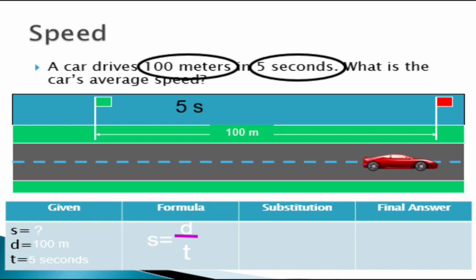Substituting the values, speed is equal to the value of d, which is 100 meters, over the value of t, which is 5 seconds. So 100 divided by 5, we will come up with 20 meters per second. So the car traveled 20 meters every 1 second.